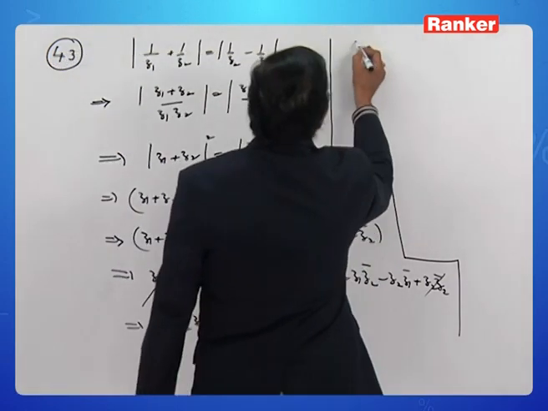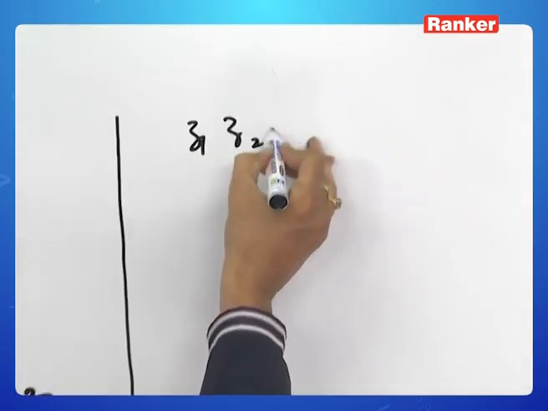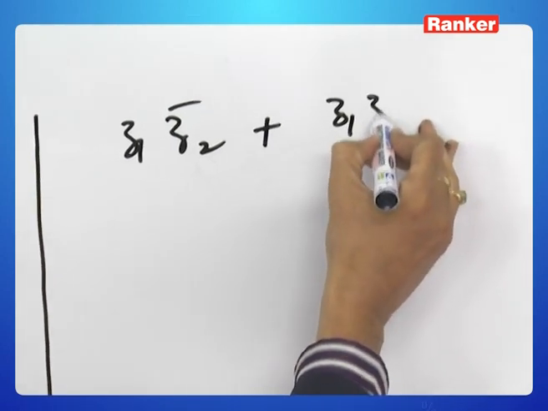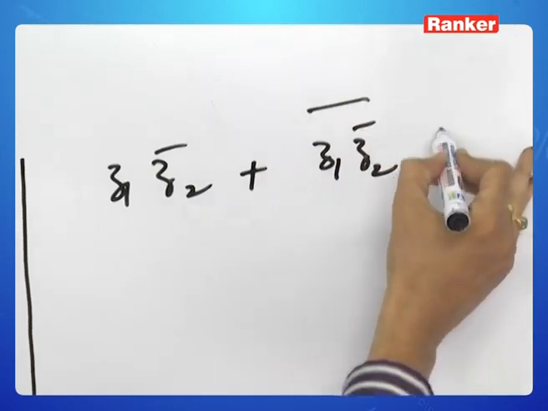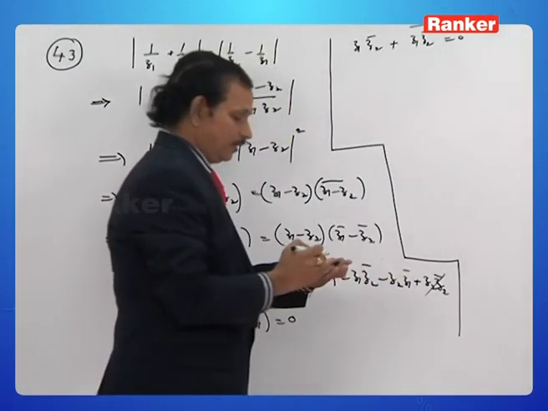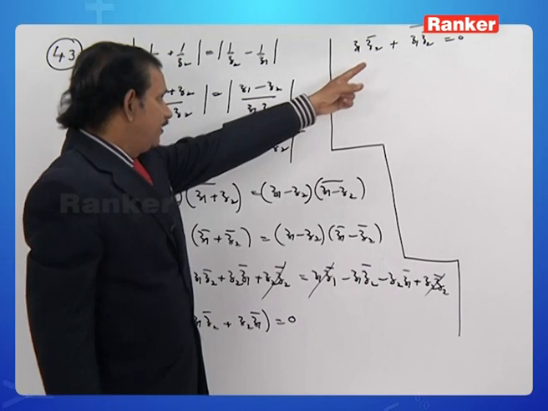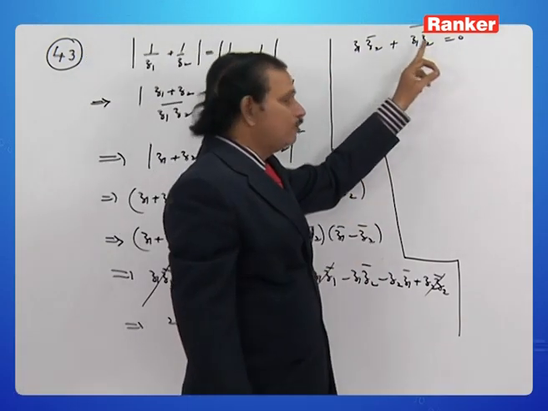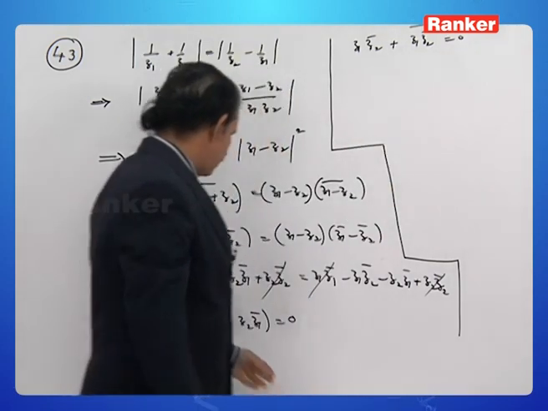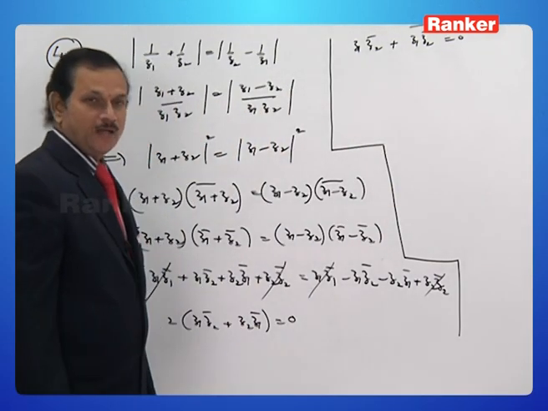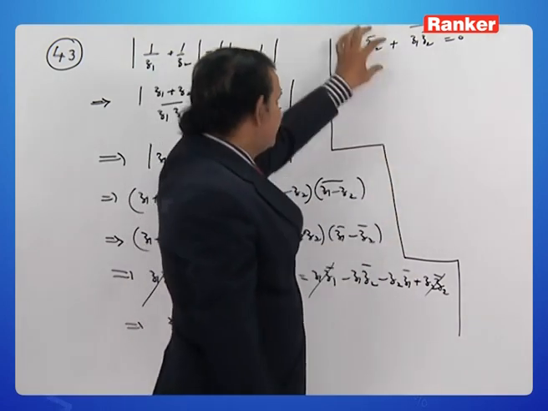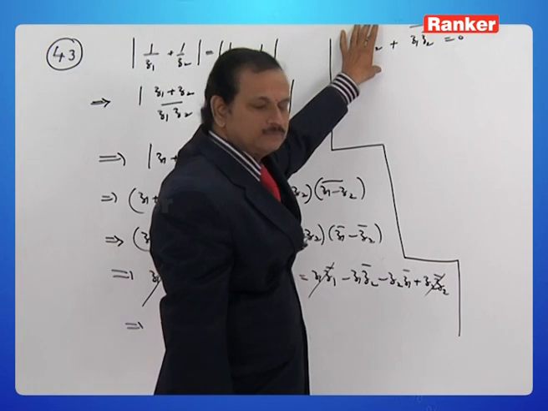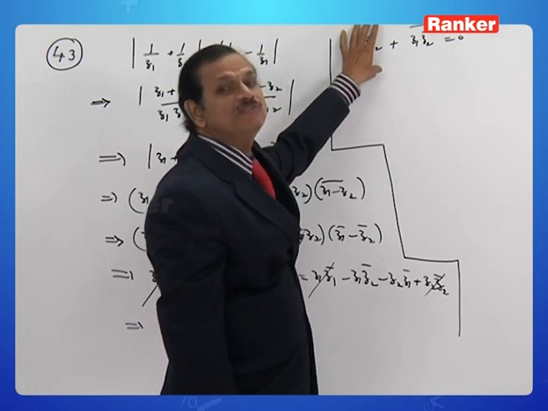I like to write like this: Z1 Z2 bar plus Z1 Z2 bar whole bar is equal to 0. Any problem? You observe that? Z1 Z2 bar whole bar. What does it mean? Z1 bar into Z2 bar bar, that is Z2. So it is Z2 Z1 bar. Now you imagine Z1 Z2 bar as a whole, one single complex number, say Z. What have you had here?